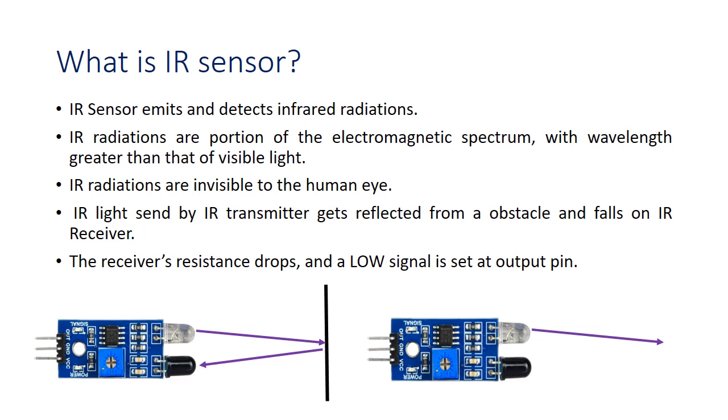So if it's received, the receiver's resistance drops and a low signal is set at the output pin of the IR sensor. Oppositely, if there is no obstacle in front of the IR sensor, the IR receiver doesn't receive any reflected rays, so the output will be high.